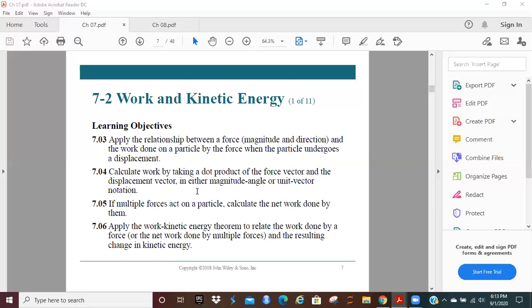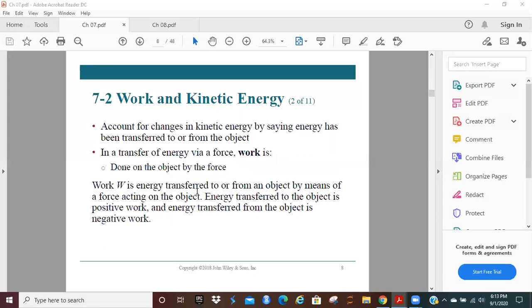All right. So what we are going to do now is apply a relationship between a force and the work done on a particle. And we're going to do that by taking a dot product. We account for changes in kinetic energy by saying energy has been transferred to or from an object.